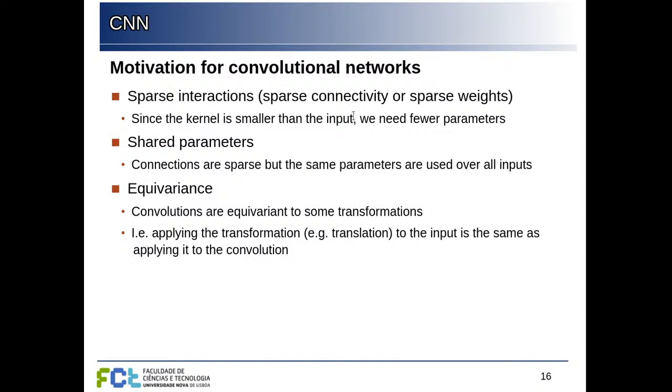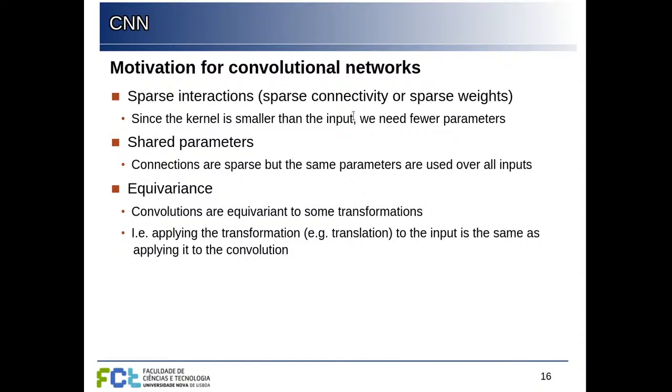There are sparse interactions, sparse connectivity between the layers. We don't have as many connections between the input layer and the outputs of the current layer, and also we are sharing parameters along the layer, which gives us fewer independent parameters to adjust.